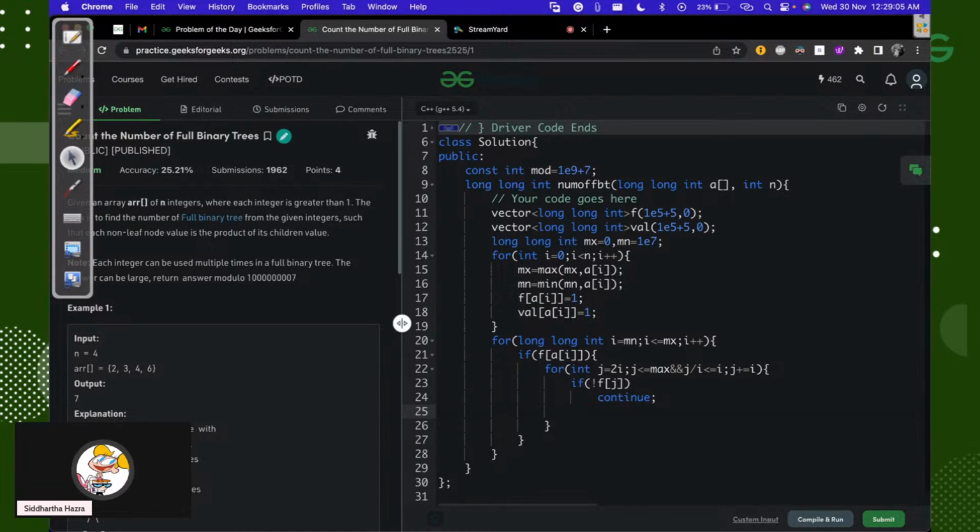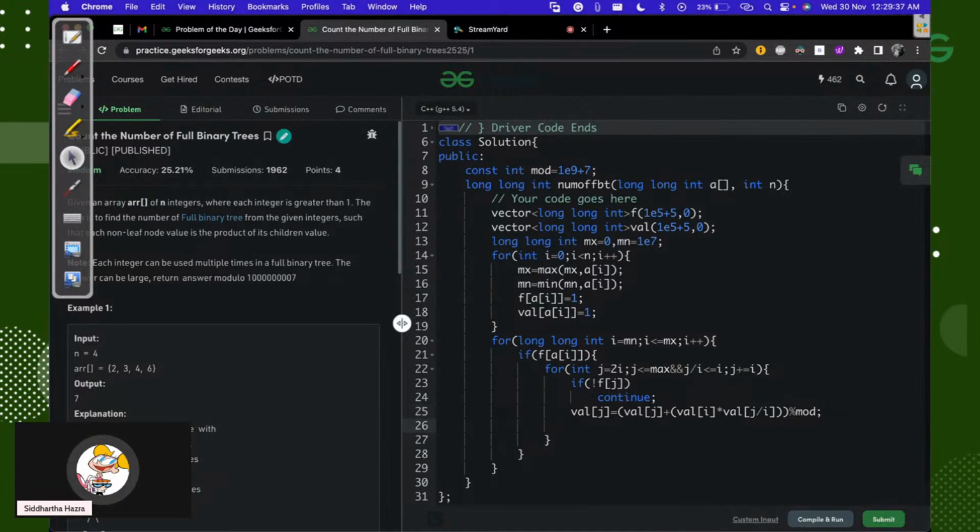If that value is present, then val of j is equal to the value of j added to the value of i multiplied by value of j by i, modulo mod.